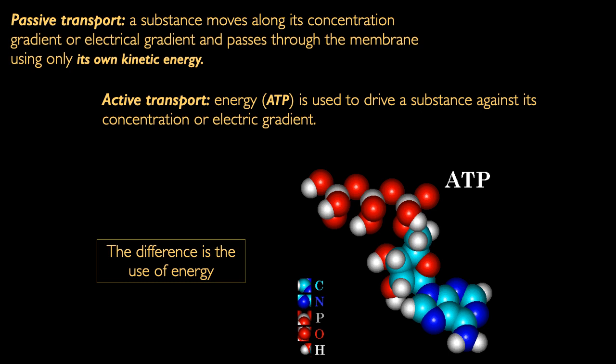If a substance needs to be transported to where there is a higher concentration or the same electrical sign, then energy is required to pump the substance, and this is why we call it active transport.